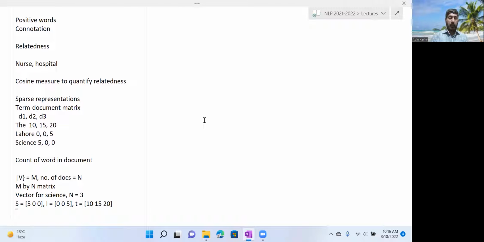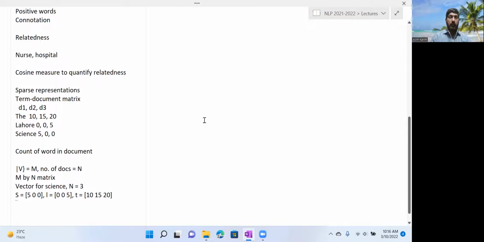So this vector is more expressive. It has multiple values, number one, plus it is capturing the notion of similar words or related words being used in the same context.